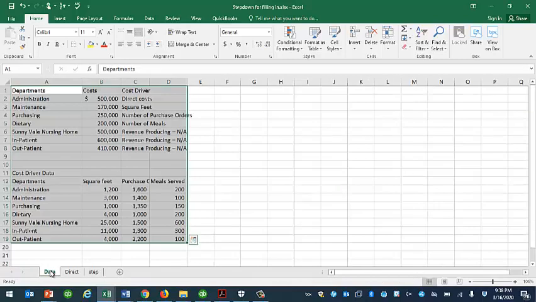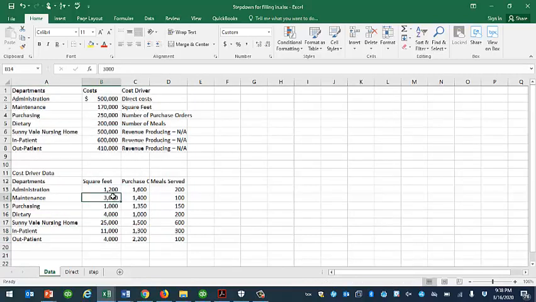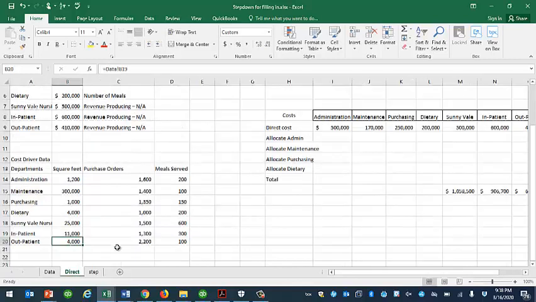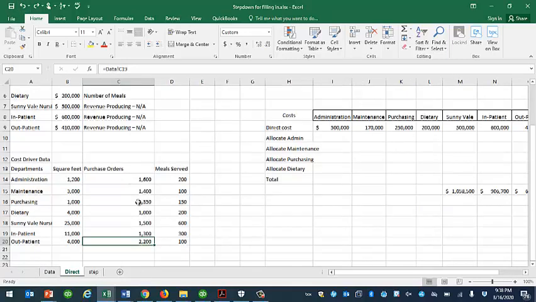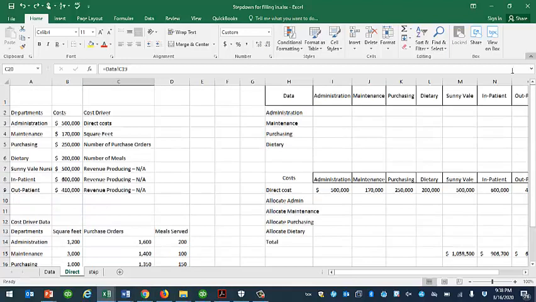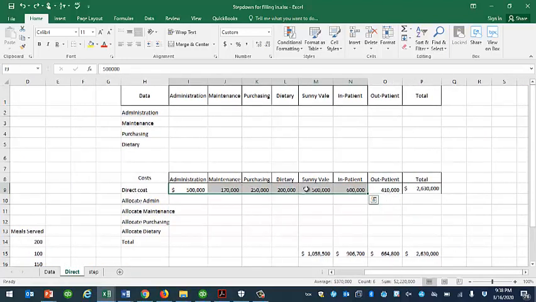So now if you change something in the other page to, let's say, 30,000 or 300,000, we go over here and it's changed. That's what we wanted to do. So therefore we only have to put the data in one place. I did take the liberty also of putting the direct costs over here into the cost section of this spreadsheet with the idea that that would just make things faster.